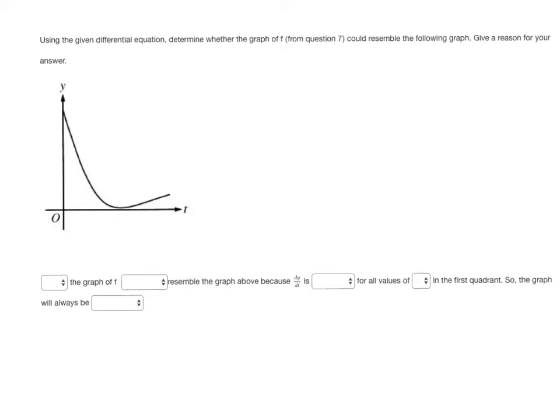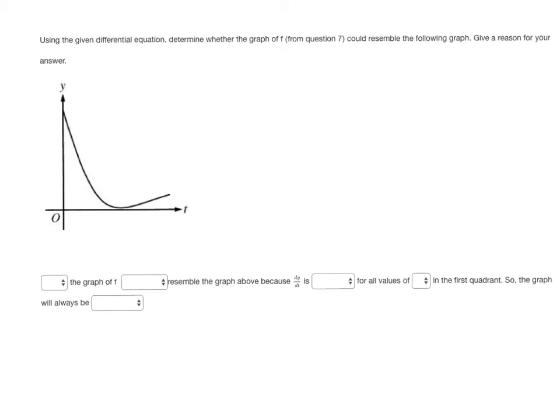Your options for this first blank are yes or no, and then for the second one, the graph of f could or could not resemble the graph above. And our reasons are because the first derivative, dy dt, is either positive or negative for all values of either x or y in the first quadrant, so the graph will always be increasing or decreasing.